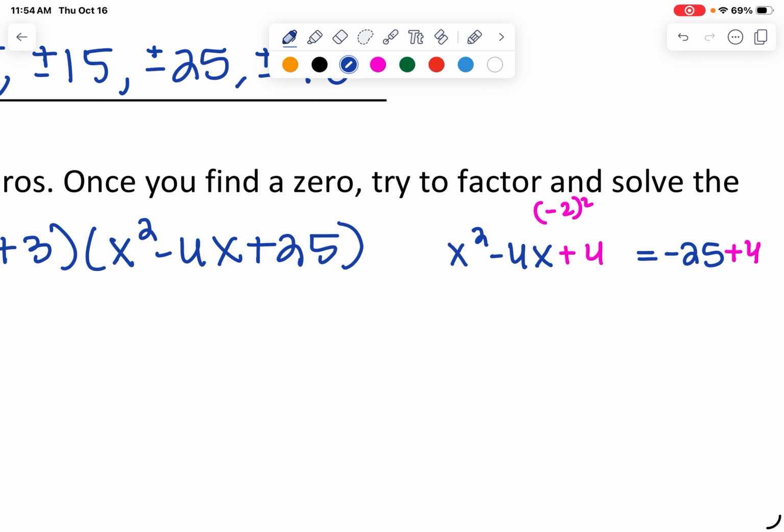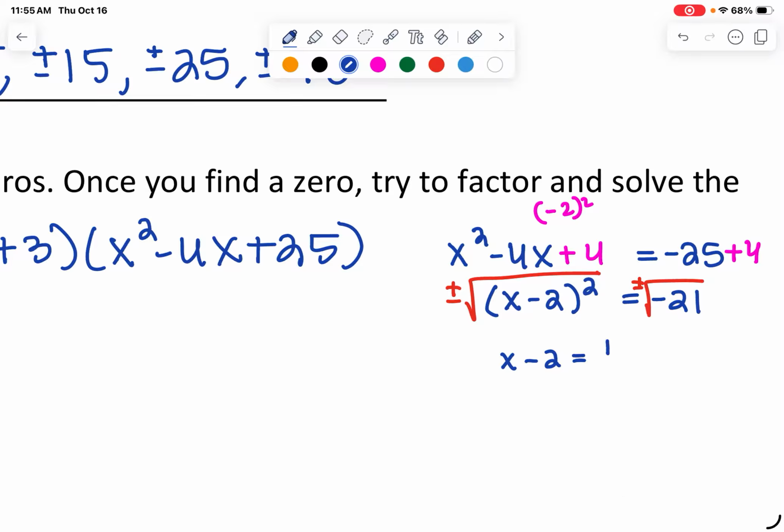I already see that I'm going to get imaginary solutions, but the directions change. Sometimes it'll say real solutions, sometimes complex solutions, sometimes rational solutions. So you just have to pay attention. I haven't paid attention, so I'm just going to keep going. Square root, plus or minus. So I have x minus 2 is equal to plus or minus i root 21. And then add 2 to both sides. So I have 2 plus or minus i root 21.